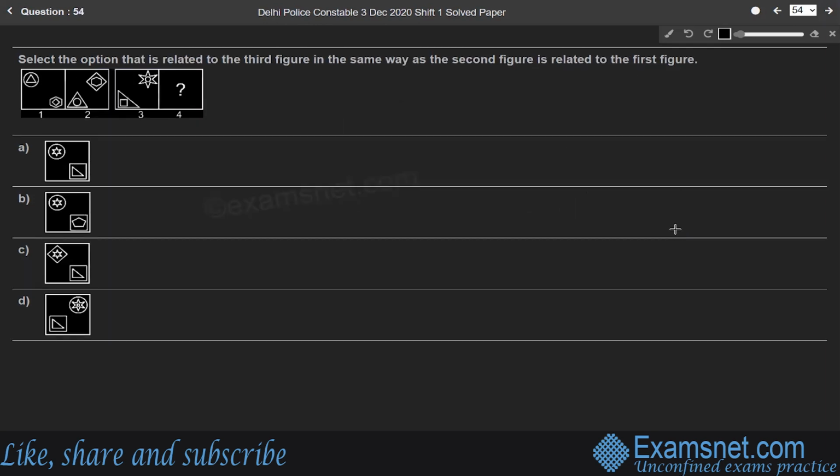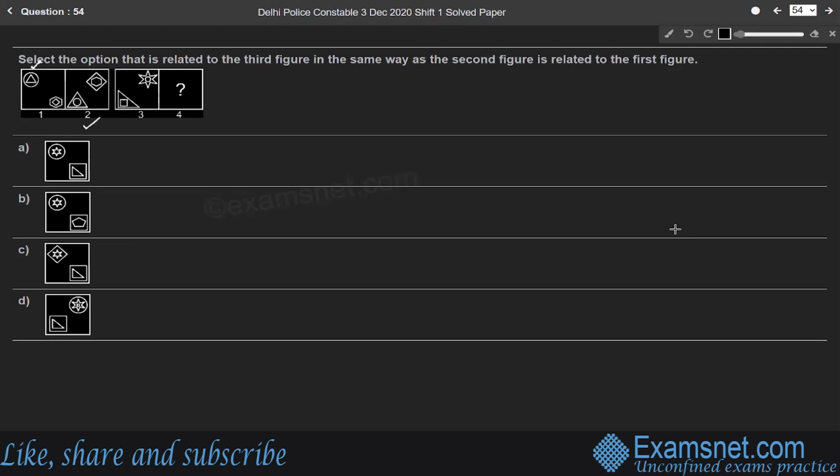Question 54. Select the option that is related to the third figure in the same way as the second figure is related to the first figure. There are three figures. Look at the first figure. The top figure is a triangle inside, and the outside figure is a circle.